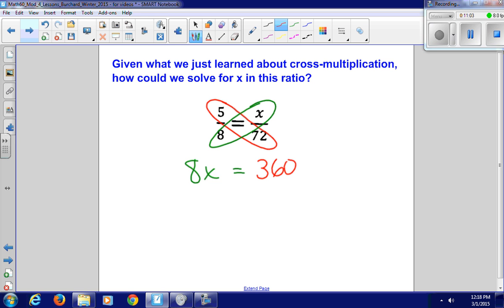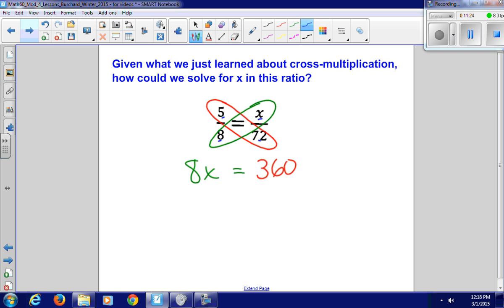I'm saying the same thing as in the last slide: if a proportion is equal, the two cross multiplications have to be equal. This time I'm using it to make an equation that I can then solve. So 8 times x equals 5 times 72.